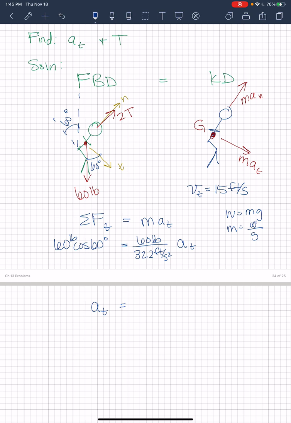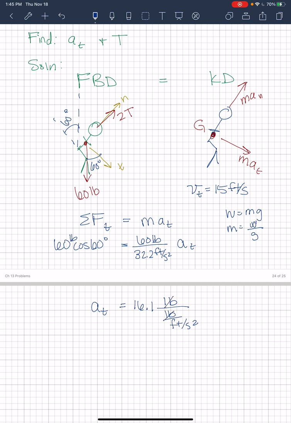We get a sub t equals 16.1. And it will be pounds divided by pounds over feet per second squared.